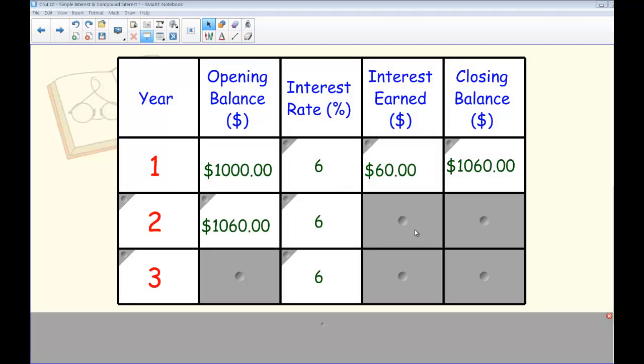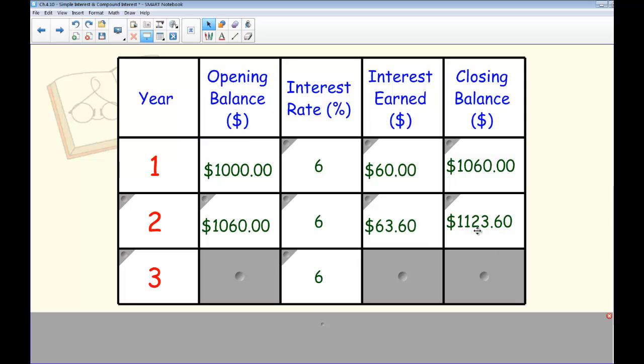Okay, so in year 2 then, if we calculate the interest earned, it would be $1,060 multiplied by 0.06. In this second year, we would earn $63.60, and therefore our closing balance will now be up to $1,123.60.